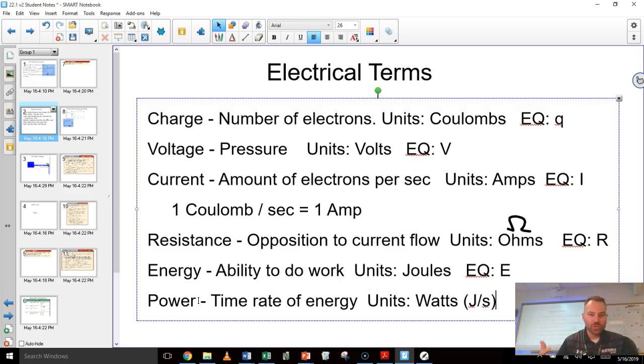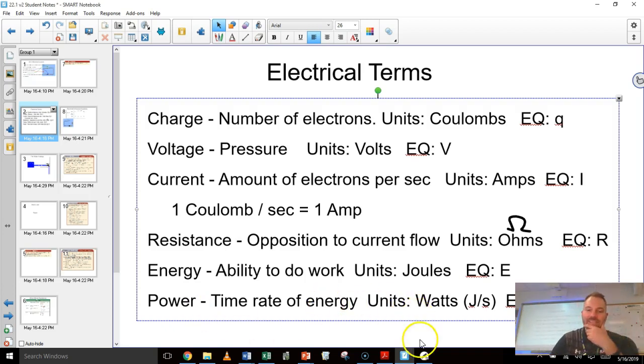So if you have 1 joule per second, that's what a watt is. A watt is a unit of power. In equations, you might not be able to see this because my thumbnail's in the way. In equations, it's used the letter P. So P stands for power. E stands for energy, R is resistance, I is current, V voltage, Q is charge.